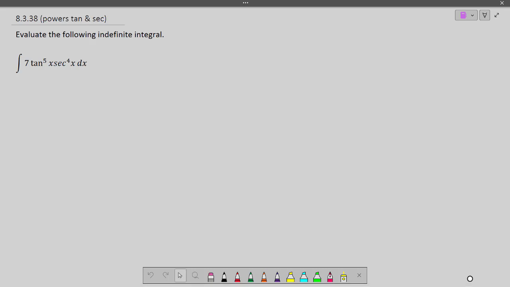And the only thing we have to do is go back to x. So we're going to have tangent to the 8th here. And then for the second term, we are going to have tangent to the 6th plus c.